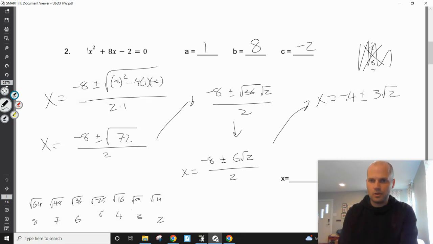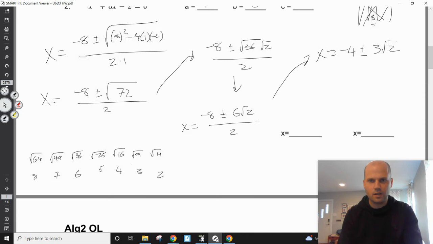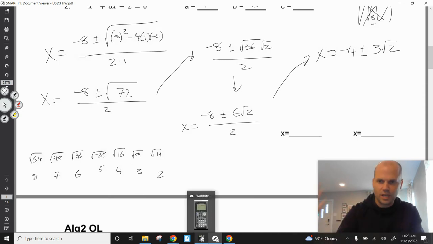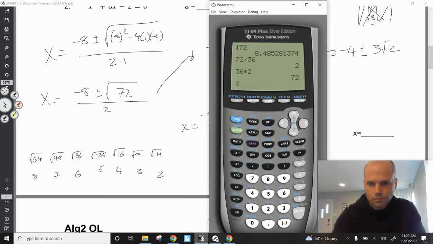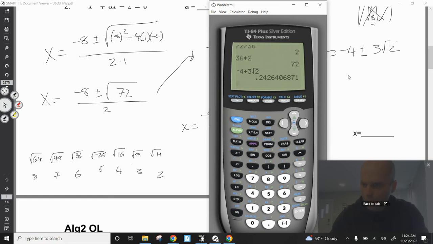Now, these two numbers, negative 4 plus 3 root 2 and negative 4 minus 3 root 2, are ugly numbers. You're not going to be able to do those in your calculator. You could try, but you can't simplify. It's not whole numbers. Turns out, we'll be able to see, negative 4 plus 3 root 2, I'll just do 1, is 0.242.